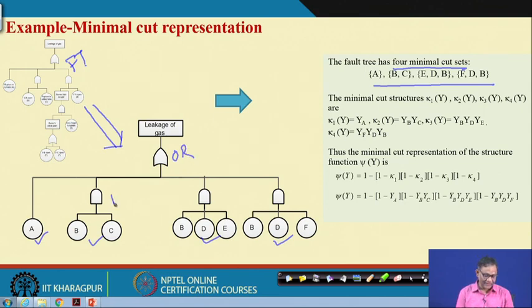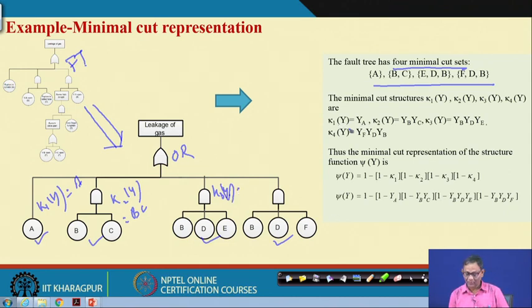Here you will get k. If you write k1y, this is basically A, k2y this will be BC, k3y this will be BDE, like this.